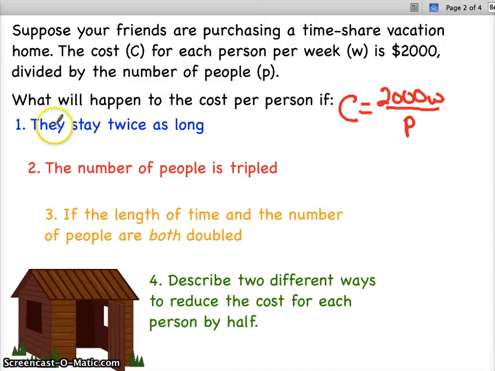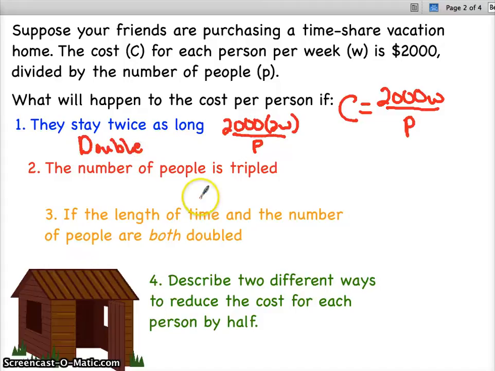Now that we've thought about those questions, what happens if people stay twice as long? Well, if we double the W, basically the top of the equation is multiplied by 2, and you've doubled the overall cost. If the number of people is tripled, on the other hand, notice we're dividing by 3, and you get 1/3 the cost.